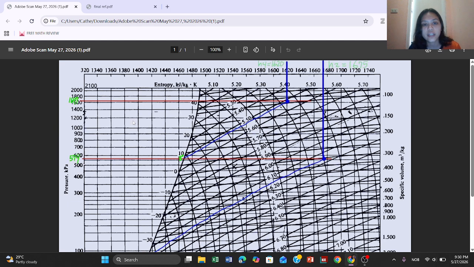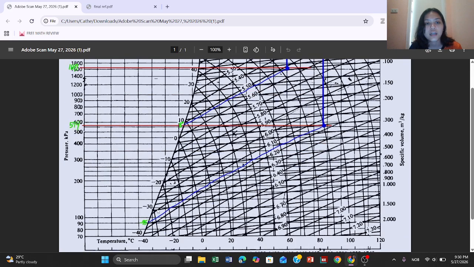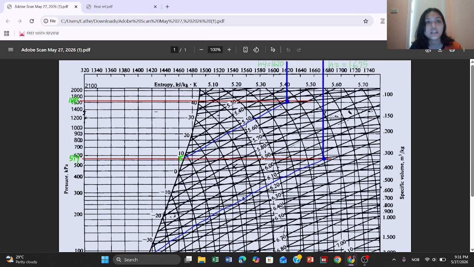We have the 574 kilopascal line, and then the negative 35 degrees Celsius, connected to the isentropic line. The intersection of the isentropic line and the pressure line will be the value of our H2, which is 1675 kilojoules per kilogram. This part here.